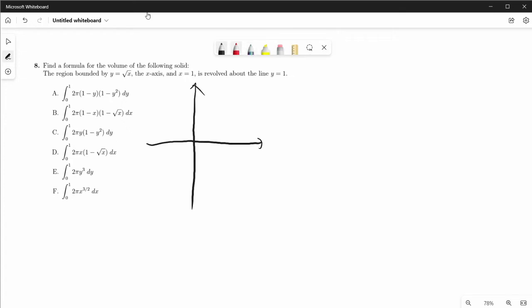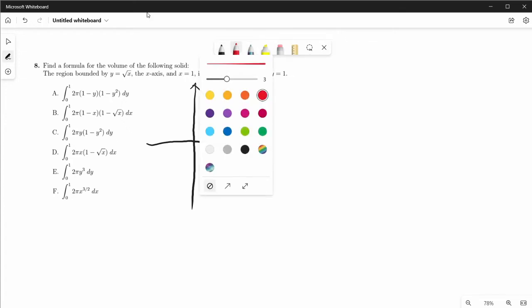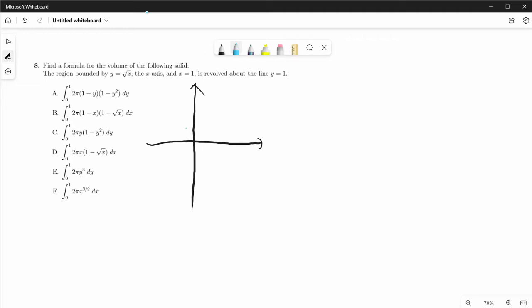Let's say y equal to x, square root of x, something like that.